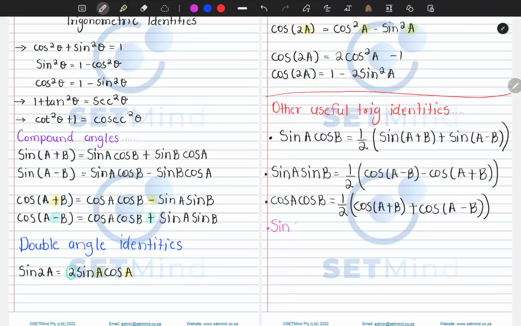So if I have sine of c plus sine of d, how else can I simplify or write this in a compact way?